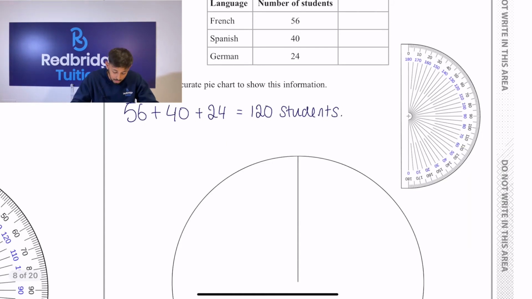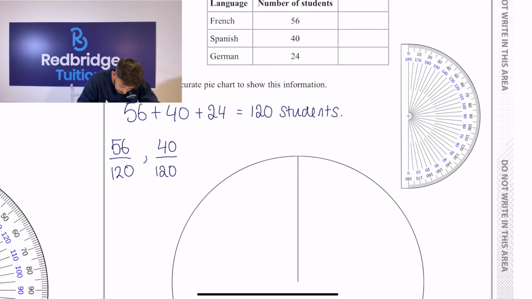I'm going to write down each fraction of the language. So we have 56 over 120. This is for French. For Spanish, we have 40 over 120. And for German, we have 24 over 120.